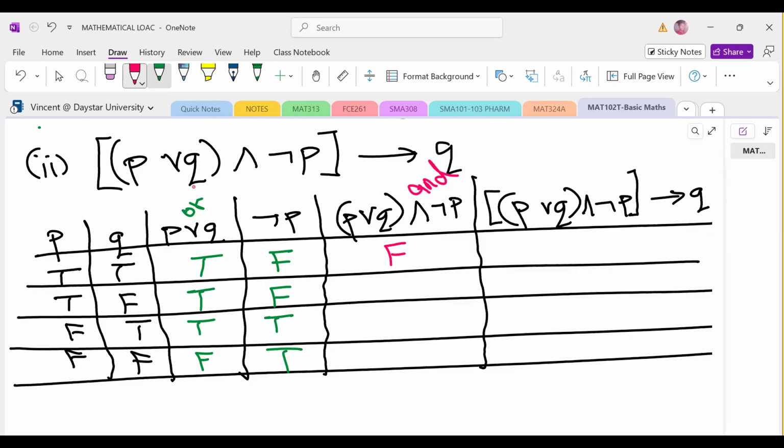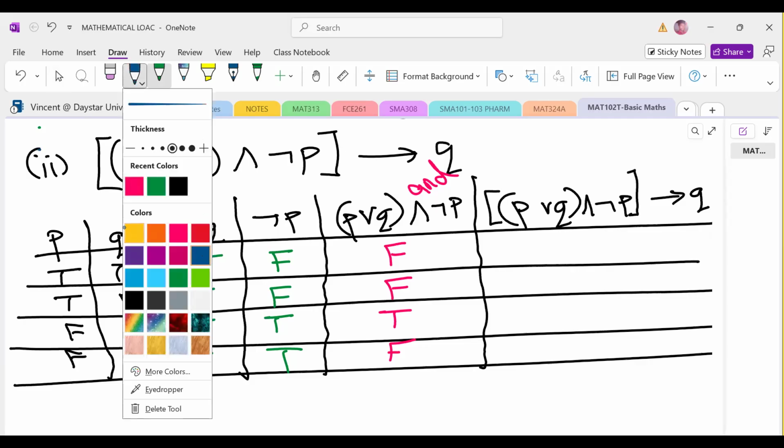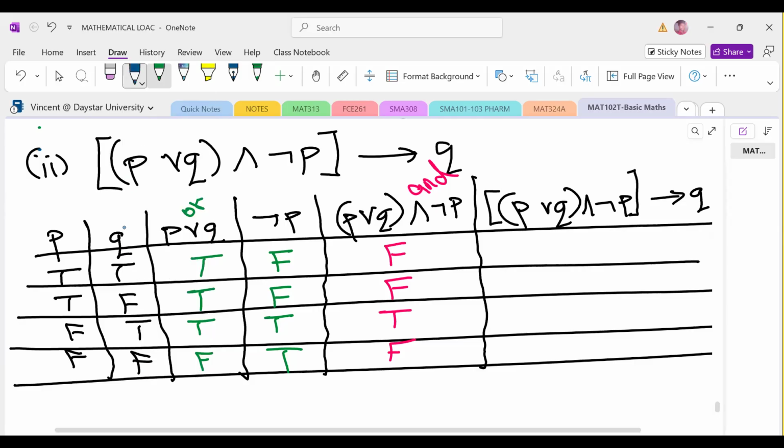True and false gives false. True and true gives true. False and true gives false. Okay? That's the last one. Which operation are we defining? What is the main logical operation being tested in the last column?